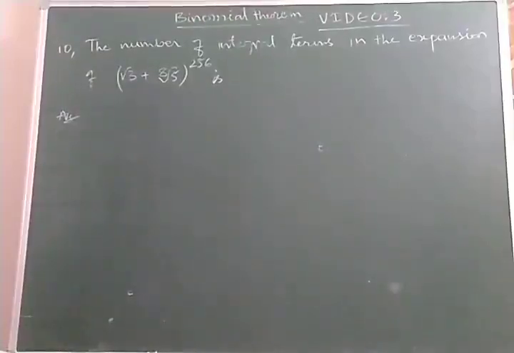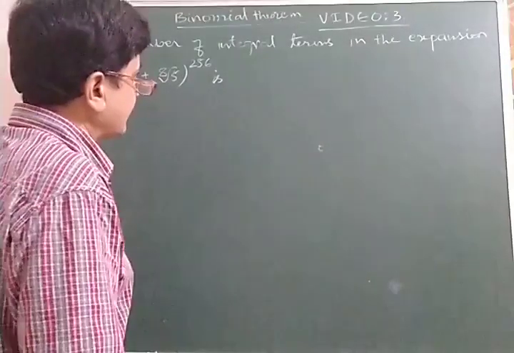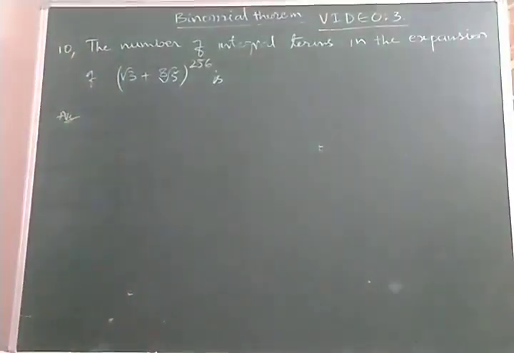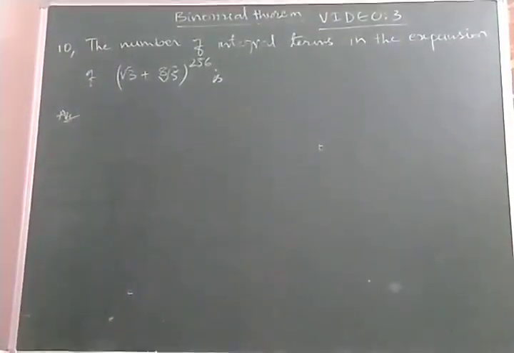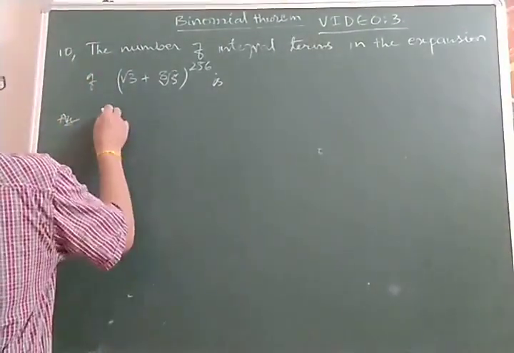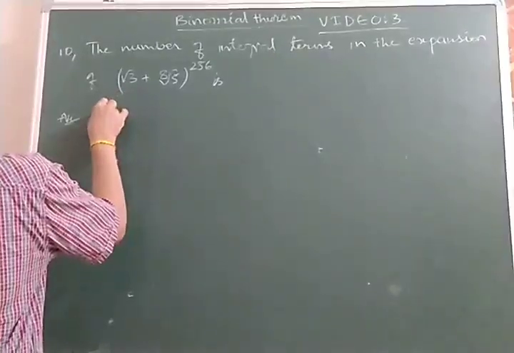10th question. The number of integral terms in the expansion of (√3 + 8√5) to the power of 256 is. In this case, we write the general term in the expansion.